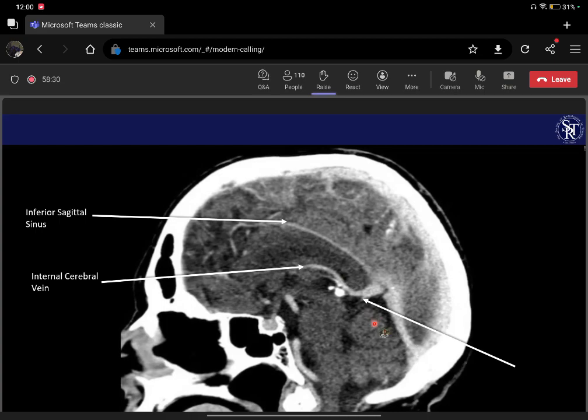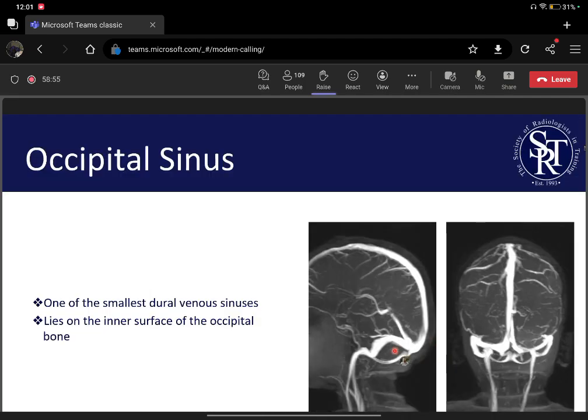It is joining here with the smaller veins that we're seeing part of. We're not seeing the full extent of the basal vein of Rosenthal. And together, the confluence of these two, internal cerebral vein and basal vein of Rosenthal, would be the great cerebral vein of Galen, which receives the inferior sagittal sinus and continues as a straight sinus to the confluence.